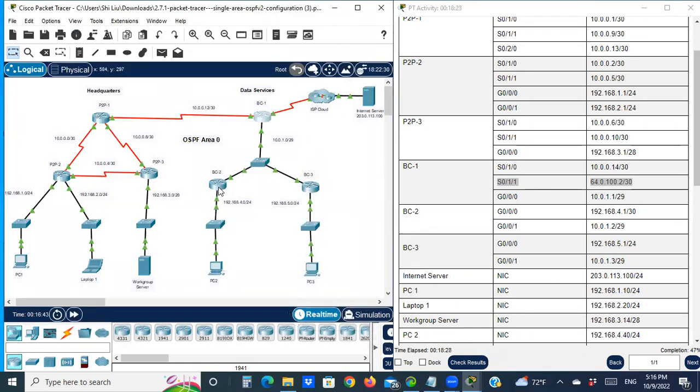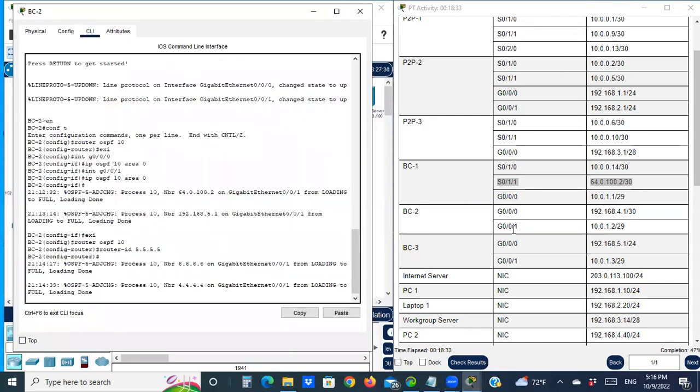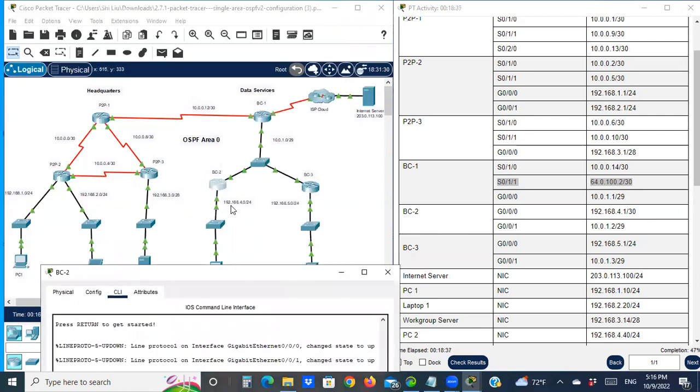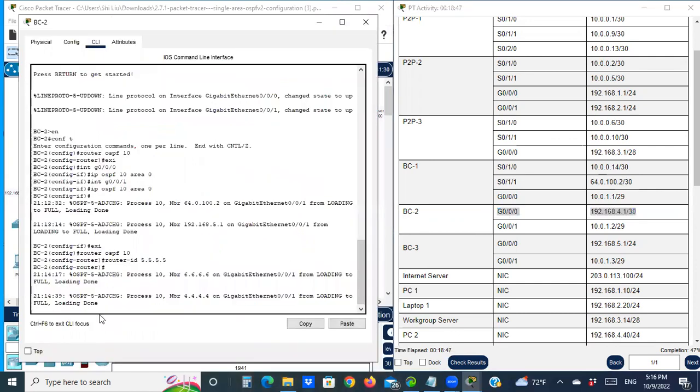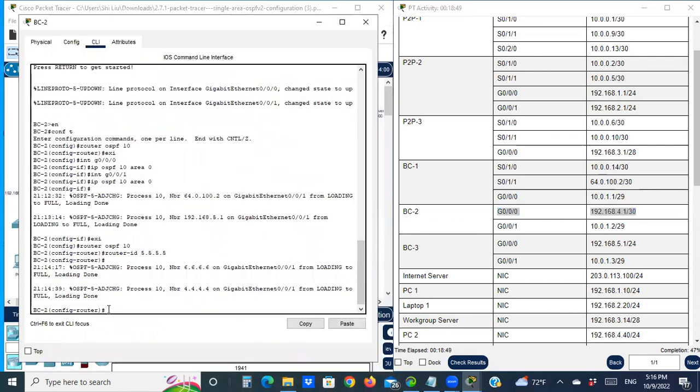Then we configure this. So BC2, the network of 192, this one is a local LAN network. So G0/0.